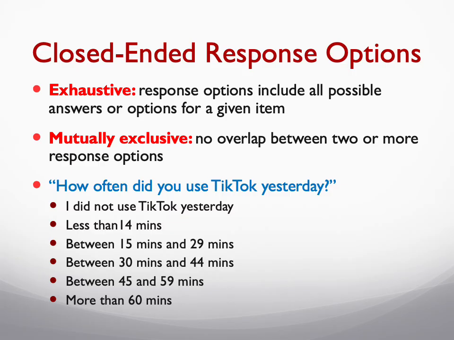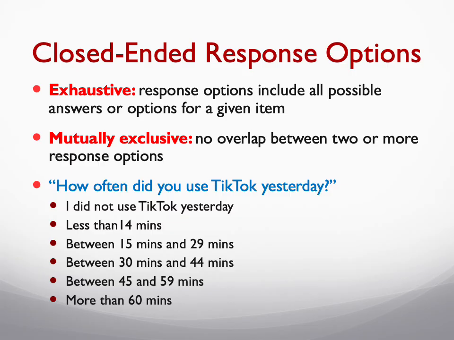You might say, well, what if they used it like 29 and a half minutes? In that case, that's maybe a little less of a problem with mutual exclusivity than when I had no idea which bucket I would fall in. And here, deciding where to draw the boundaries around each of these buckets, you could all come up with different ones. So you might do 5-minute buckets or 10-minute buckets rather than here, which I have 15-minute buckets.